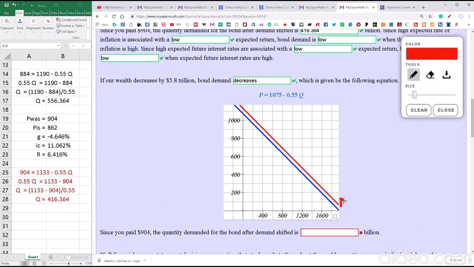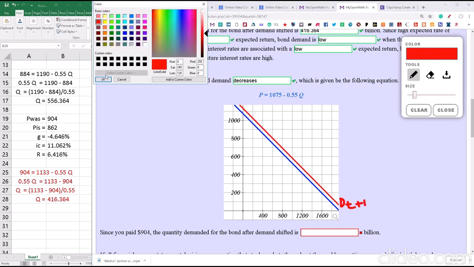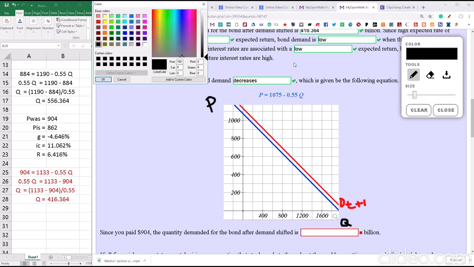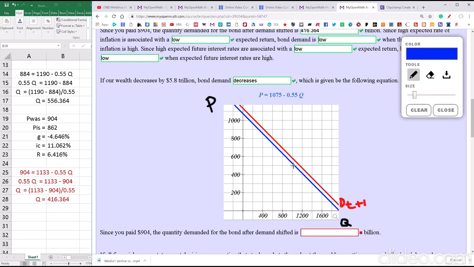Okay, again, this is dt plus 1. This is price. This is quantity. This demand curve down here is dt plus 2 because in 2 years, or in the second period, our wealth decreased by that, right?